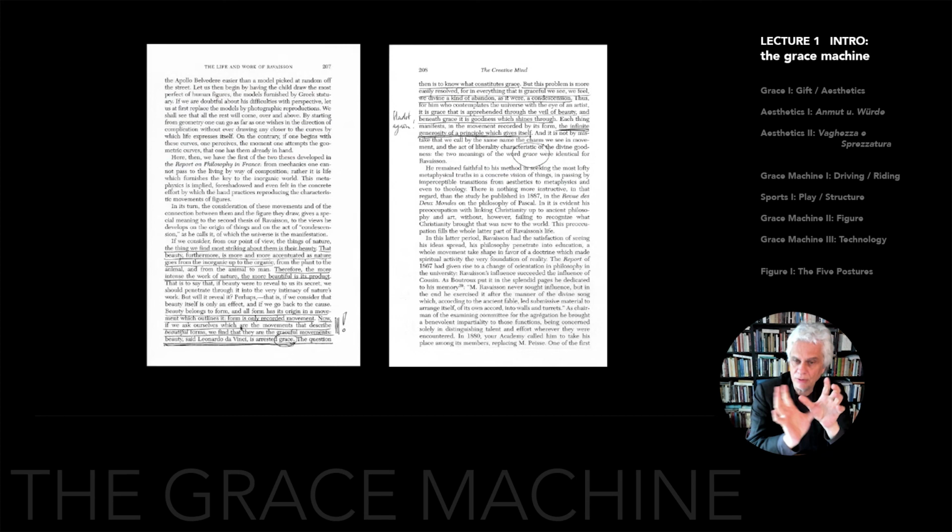Now, if we ask ourselves which are the movements that describe beautiful forms, we find that they are the graceful movements. So we're right in this sort of movement-object transition. Beauty, said Leonardo da Vinci, is arrested grace. So beauty is not Schiller's fixe Schönheit, right?